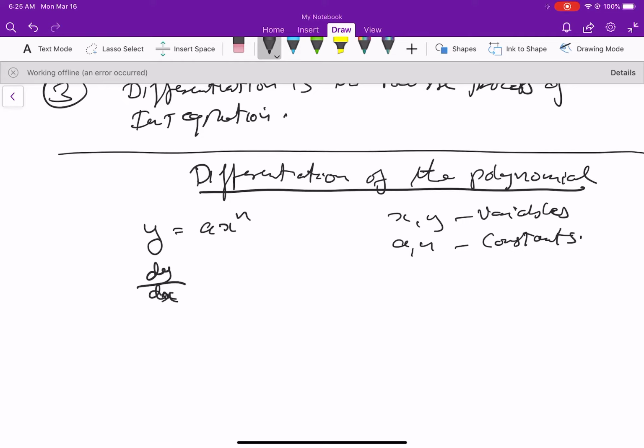And the rule is you drop the n, times the a, times the x, and then you subtract 1 from the power. You can't have a rule that's simpler than that. That's differentiation of a polynomial function. So let's jump right in and start experimenting with a couple of different cases.